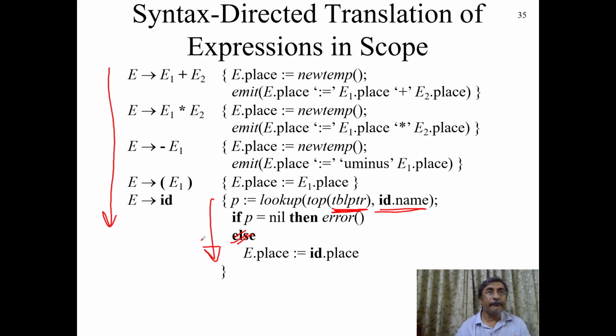One bullet is find out the grammar first, and then find out the attributes that are needed in the non-terminals. And the third bullet is attach semantic actions to each and every production rule. Now, how to find out these rules, these actions, these attributes?